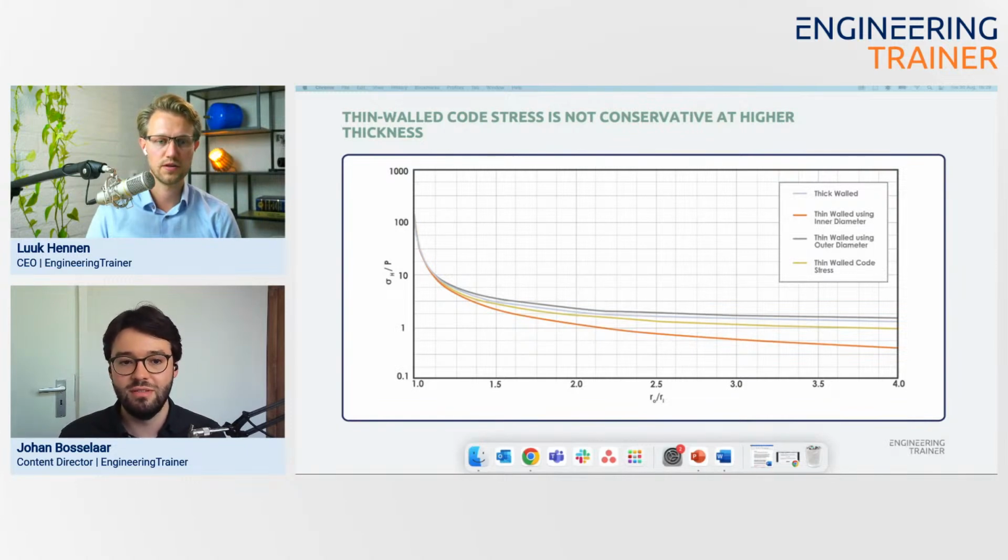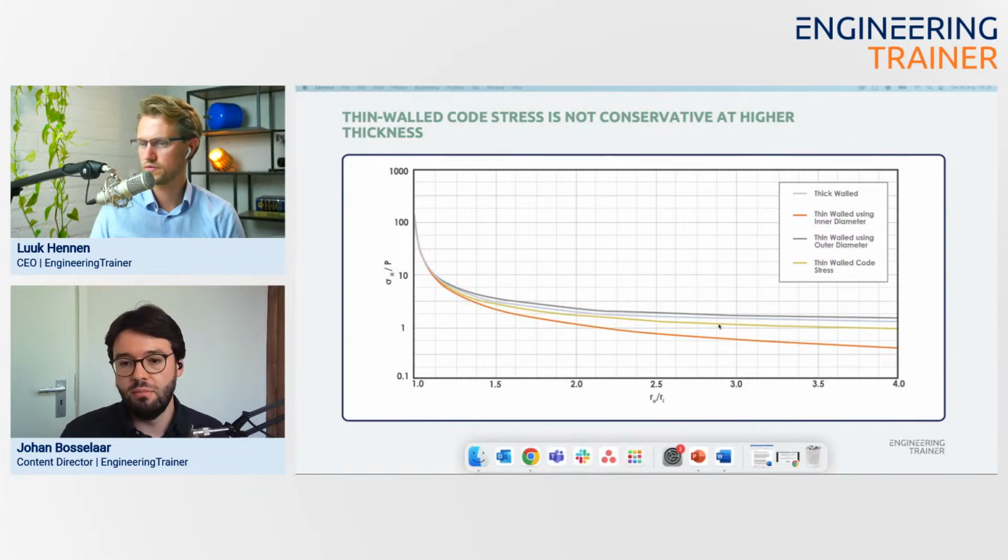So the infinitely thin pipe would be on the left side. And what we did is we plotted 4 ways of calculating this. So there's the thick-walled equation, that's the light blue line. You have the thin-walled equations using the inner diameter, you have the thin-walled equations using the outer diameter, and you have a code stress equation.